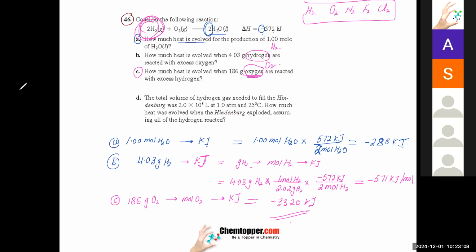Now, this is something which I have seen in many examinations, not exactly the same question, but how we can integrate the gas laws with these type of calculations. Read the question. We are doing the D part, children.